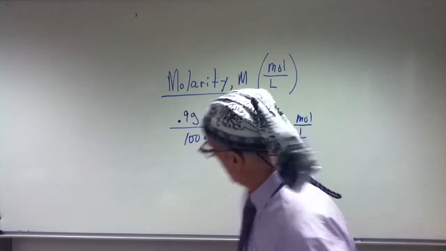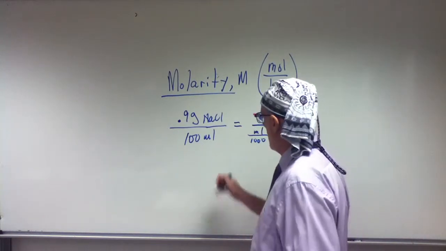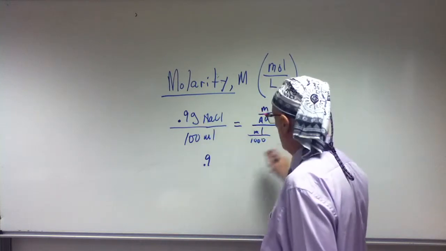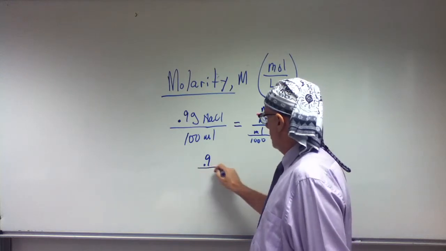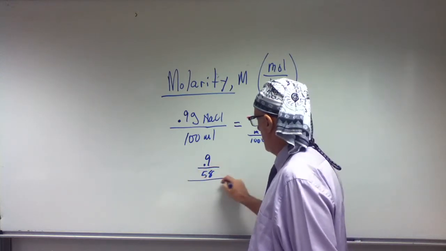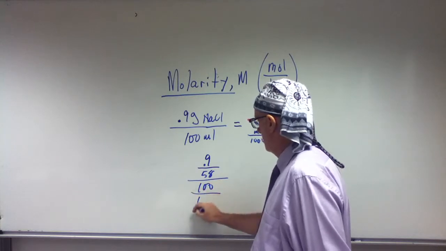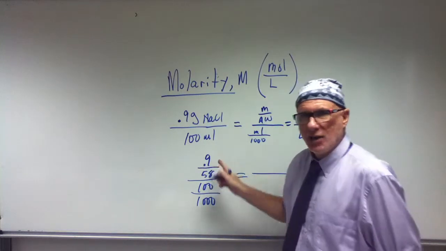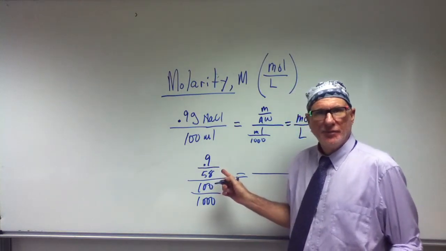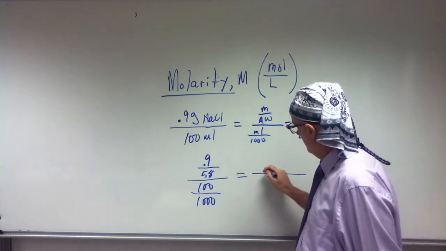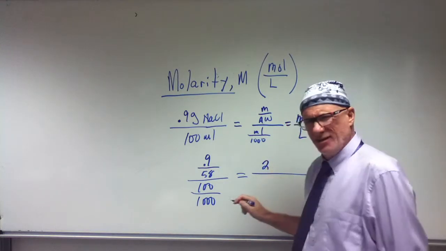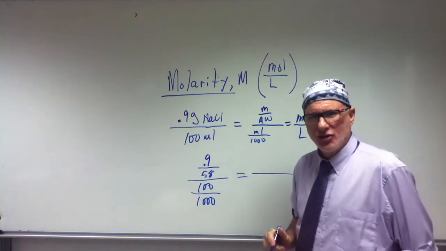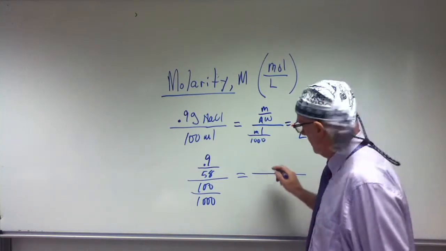So 0.9 over 58. What's 0.9 over 58? 0.01. What is it? 0.01.